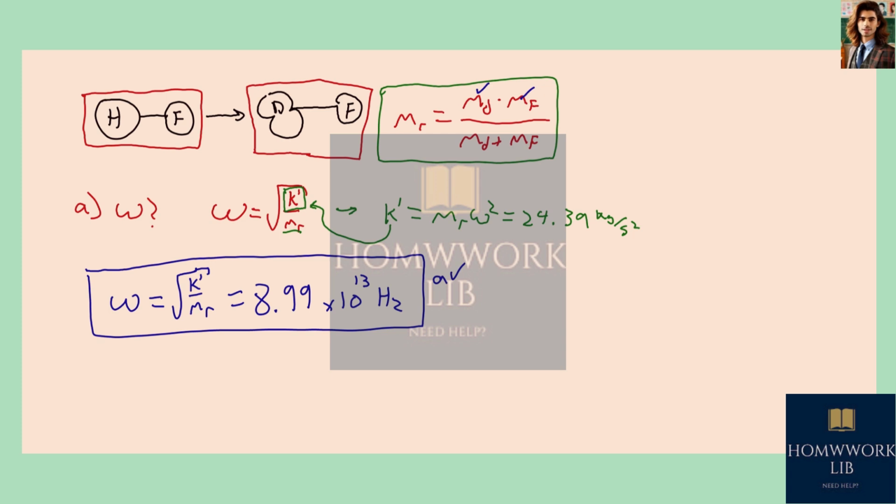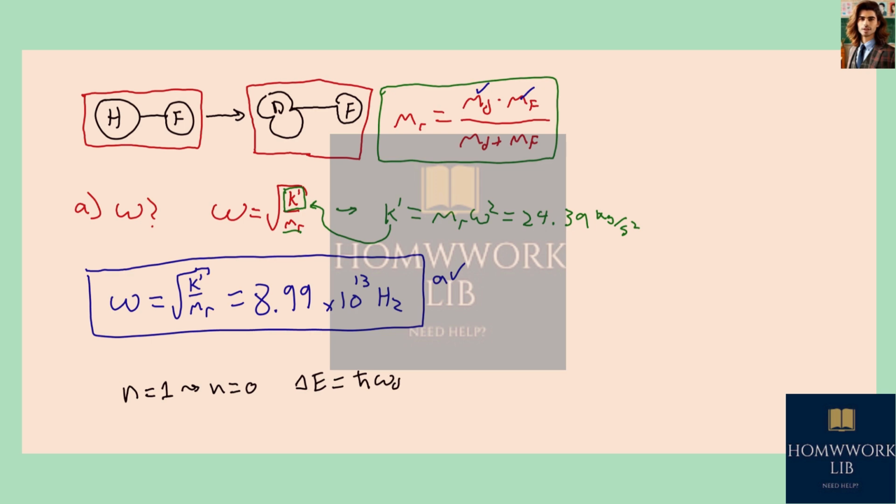So if you go from a vibrational level n equals 1, and let's say you go down to n equals 0, so you emit a photon because of this, your change in energy is given by the h bar omega, which I'll put D for deuterium here, that we've seen over and over again in this chapter.